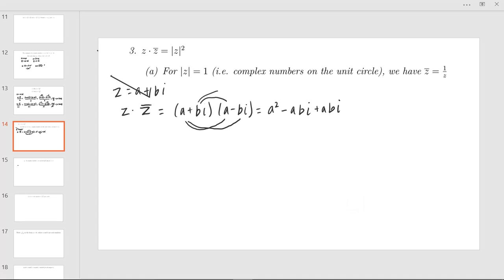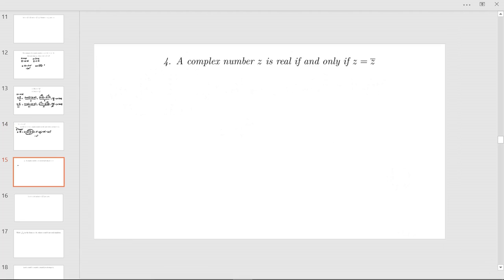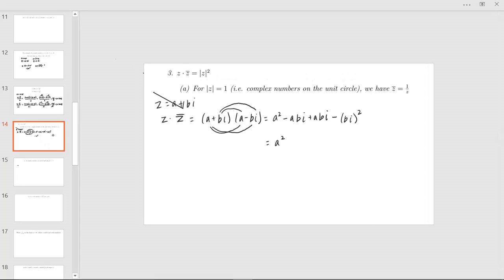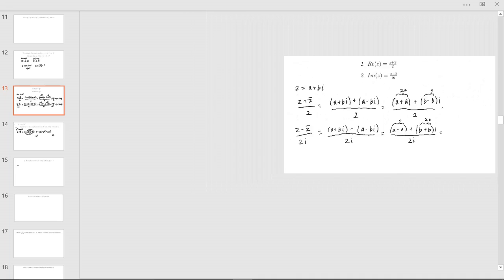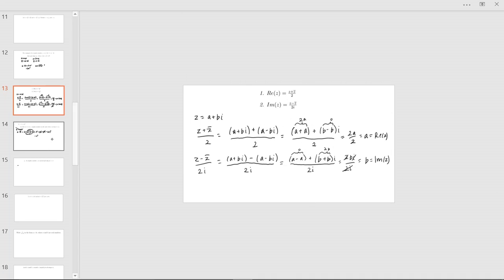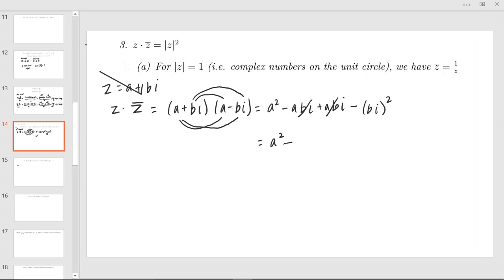Then we have minus bi, the whole squared. This is equal to a squared, and note that these two terms cancel. Then we have minus bi squared, so we have minus negative 1 b squared, because i squared is negative 1. This is a squared plus b squared.